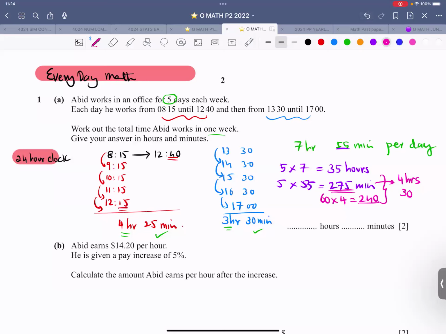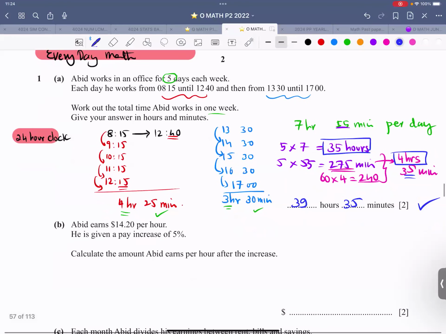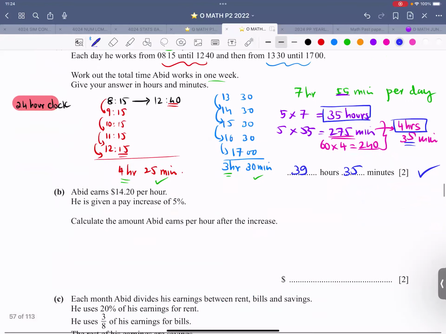So 4 hours and then 35 minutes. Now add everything up. 7 into 5 is 35 hours, plus 4 hours, so that is 39 hours, and then we are left with 35 minutes. That is the total time Abid works per week. So a basic question, but you have to be careful. You can't underestimate any question.